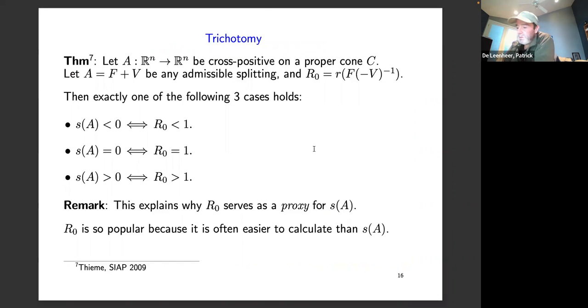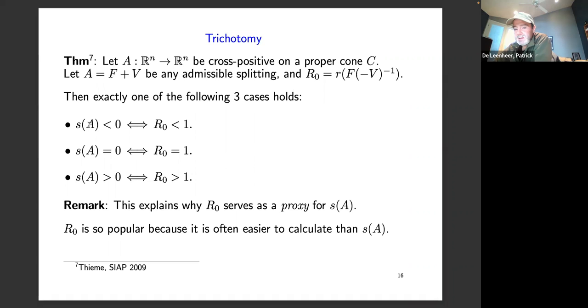Here's why basic reproduction numbers are important. It's called a trichotomy. This explains why basic reproduction numbers are proxies of the spectral abscissa. If you have a splitting of our operator, then we have the following equivalences.